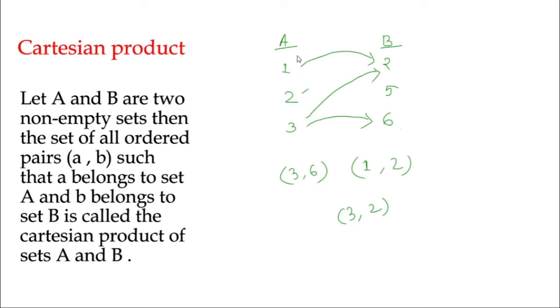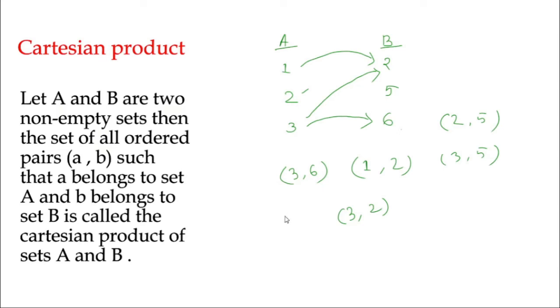I can utilize every element of set A and set B and form ordered pairs. I can also write (2, 5), (3, 5). So these can be the possible ordered pairs of sets A and B. In this way I can find many ordered pairs, and these ordered pairs can form a set.